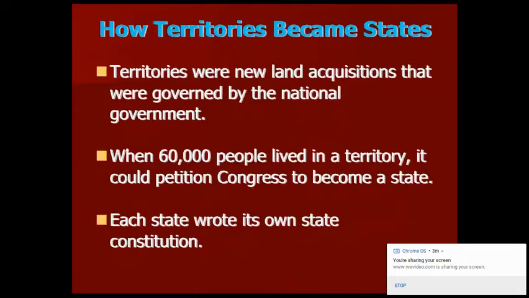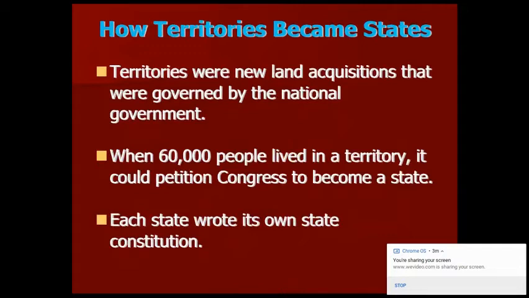So how do territories become states? Territories are land acquisitions. So like the Louisiana Purchase, we buy it from France, or Texas is annexed, or the Mexican Cession. So as we get this new land, it is under the control of the national government. And as soon as 60,000 people live in a territory or more, they could petition Congress to become a state.